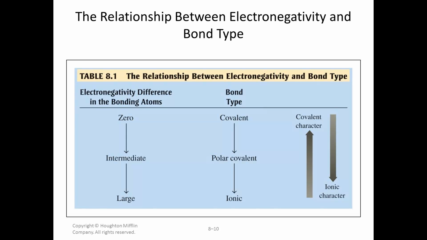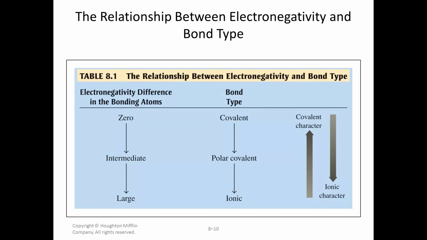When we have zero difference in electronegativity, because we have the same element bonded together, we have a purely covalent bond type. When we have very large electronegativity differences, as is seen when we have a metal and a nonmetal, we have ionic bonds.